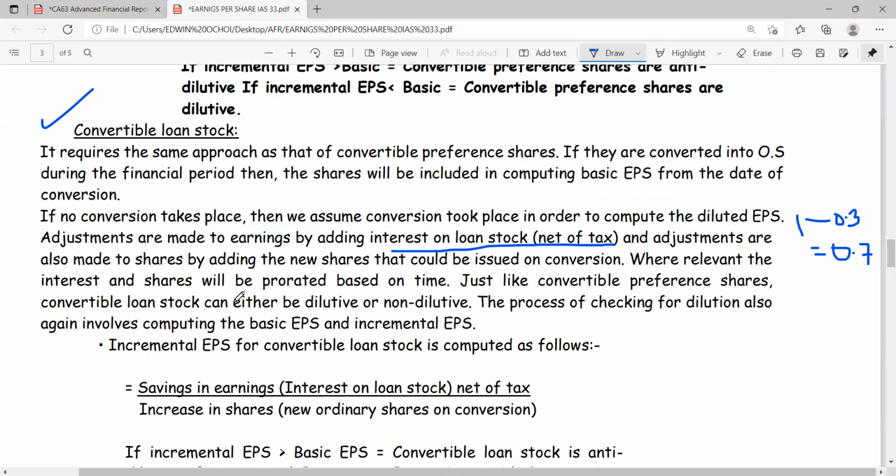Where relevant, the interest and shares will be prorated based on time, just like convertible preference shares. Convertible loan stock can either be dilutive or non-dilutive. The process of checking for dilution also involves computing the basic and incremental EPS. I don't want to read this because that is what I will be doing in my table.